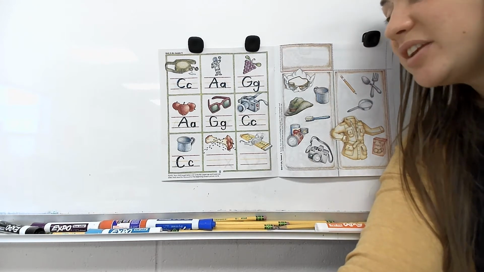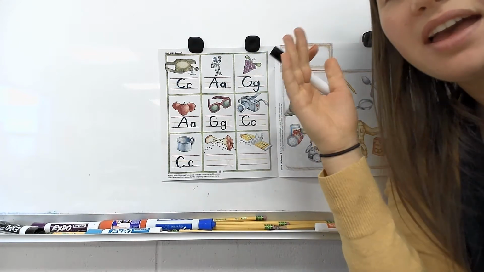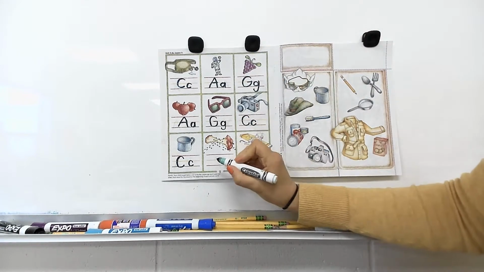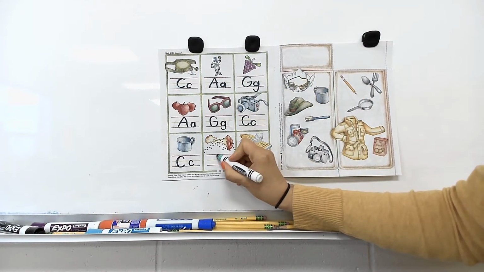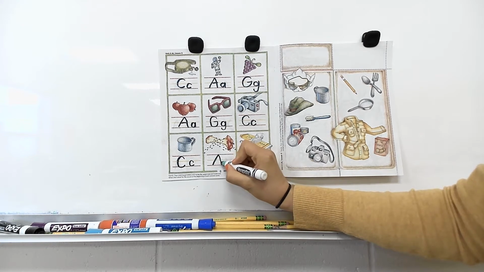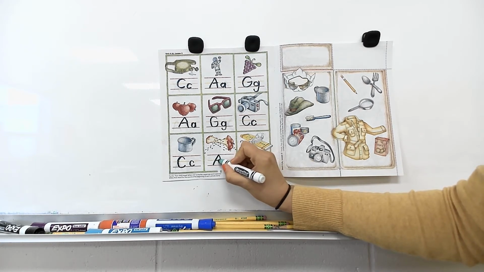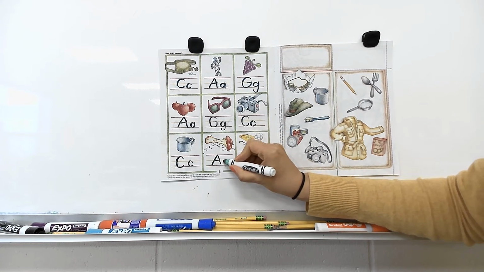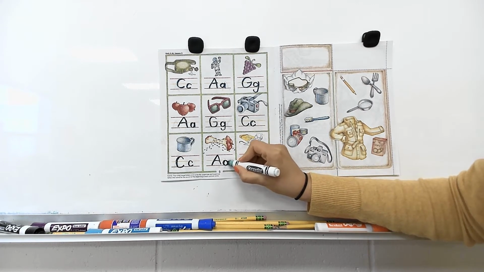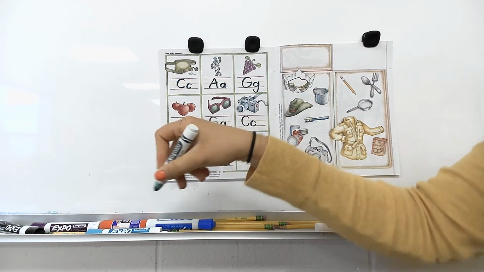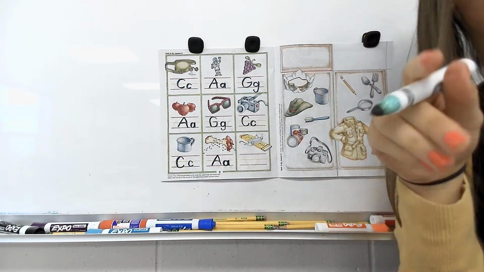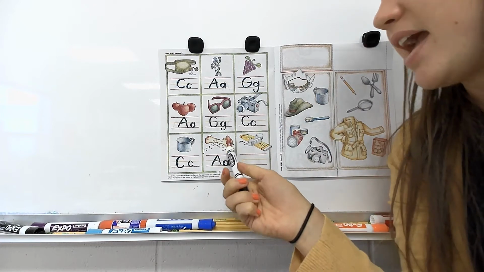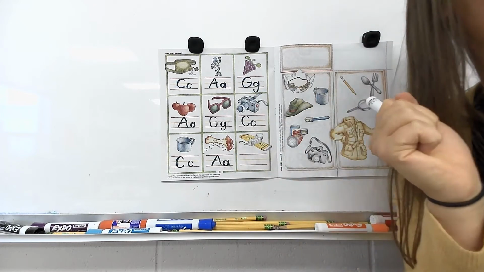Yeah, ants starts with the letter A. So make a tall slant to the right, slant to the left, cross on vanilla for your capital A, and then make your lowercase a by making an O, trace up, trace down. Go ahead and make your capital and lowercase a for ants.